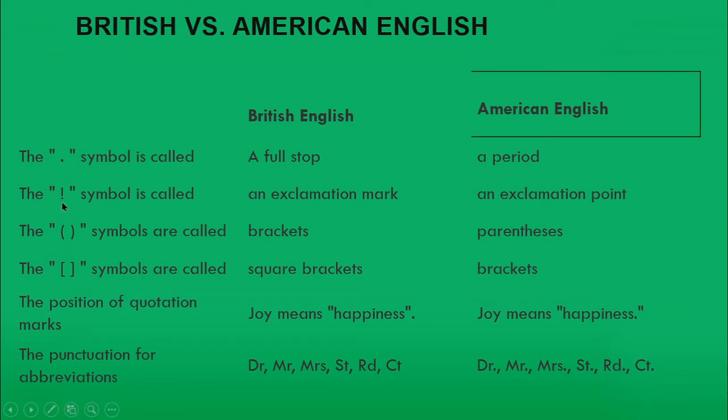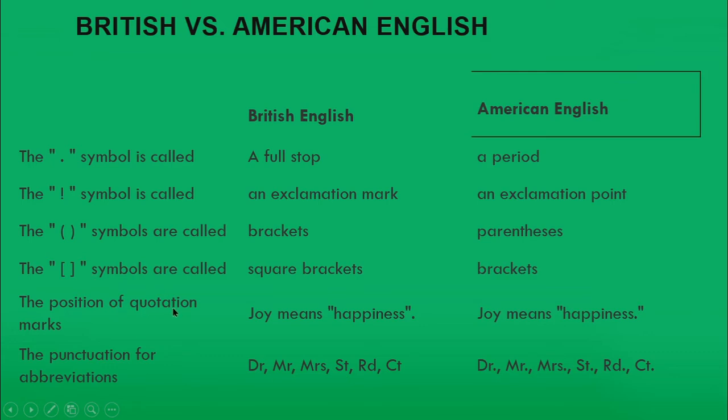This exclamation symbol is called an exclamation mark in British English and exclamation point in American English. These bracket symbols are called brackets in British English and parentheses in American English. And you can see this sign. These symbols are called square brackets in British English and brackets in American English.